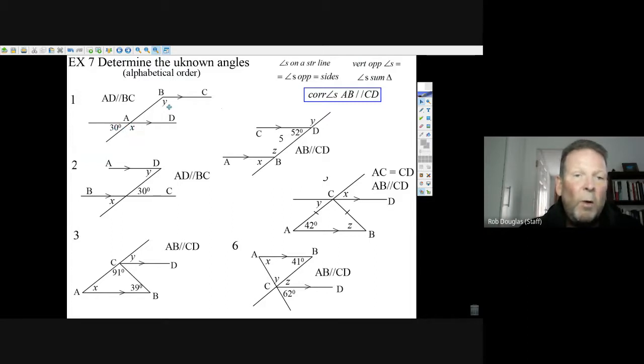Then once you do Y, maybe then it's time for corresponding angles. Once you figured out X, then you can figure out Y. So do them in alphabetical order. Maybe you use corresponding angles first, and then you use one of the other reasons that we've used up to now. So we're practicing the other reasons, and we're using corresponding angles in all of these questions.